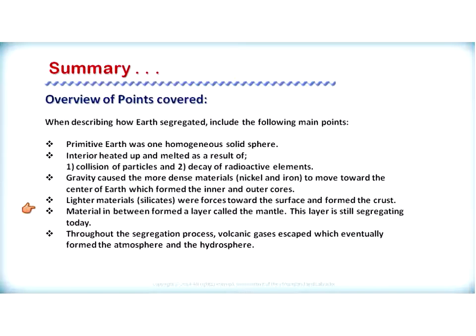The material in between the crust and the outer core was called the mantle, and this material is still segregating today, as we see through volcanoes that are continuously erupting and bringing the molten material to the surface. Throughout the segregation process, volcanic gases escaped, which eventually formed the atmosphere and the hydrosphere. And this topic will be discussed in a future presentation.